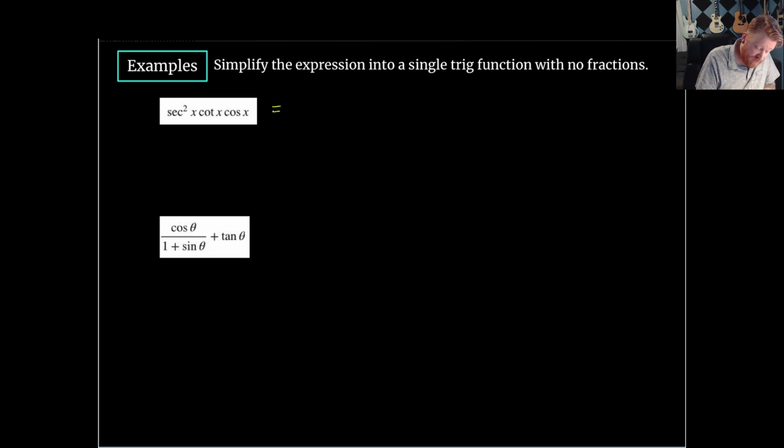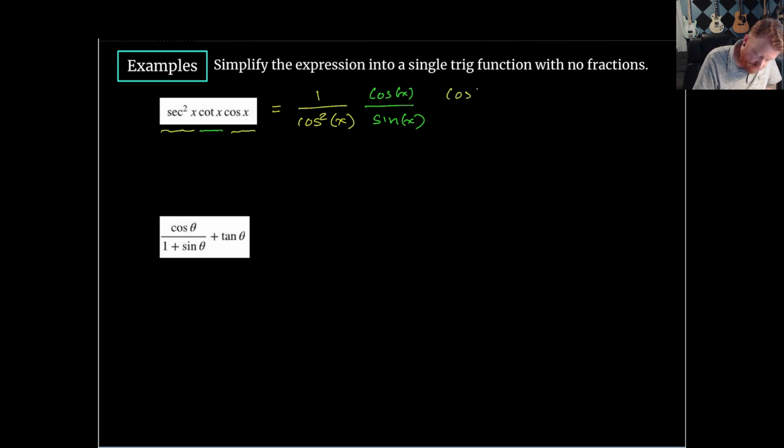I know that the secant squared of x is the same as 1 over the cosine squared of x. And then I know that I can rewrite cotangent x as cosine x over sine x, just using that quotient identity. And then cosine of x is cosine of x. So cosine of x here is just cosine of x.